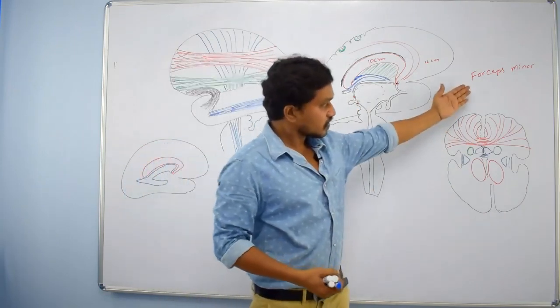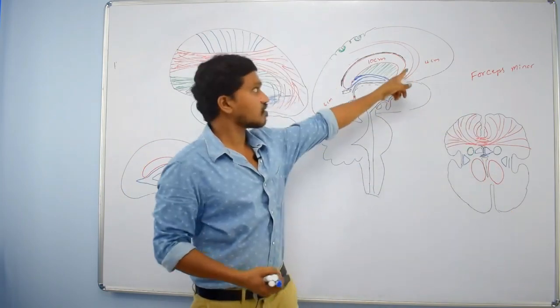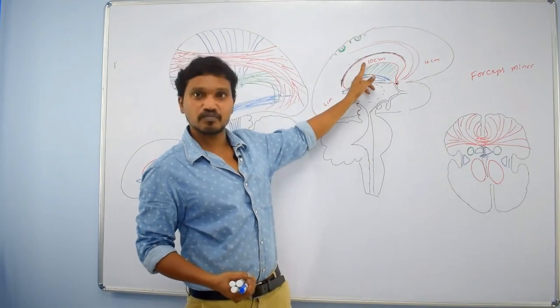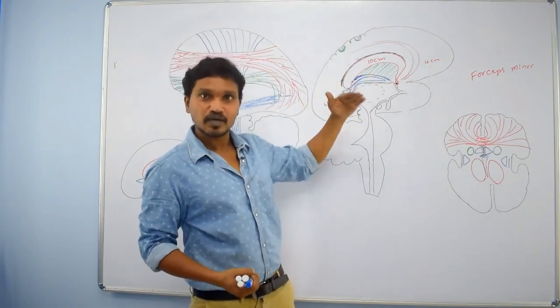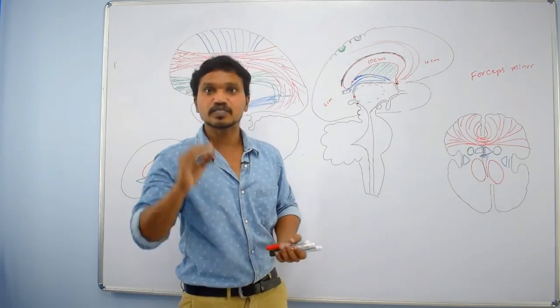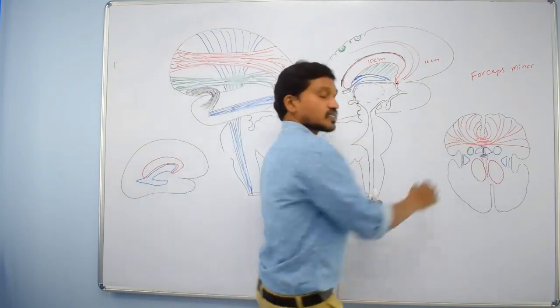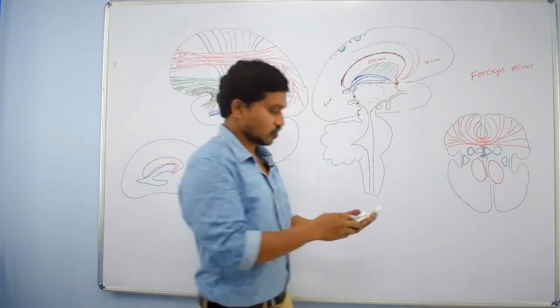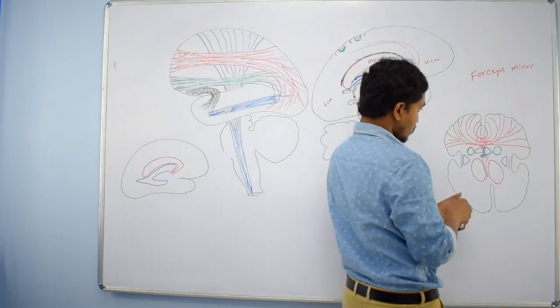Now, actually when you take the section at the level of genu and splenium, you cannot see the body. It is present above, but for our convenience I am drawing dotted lines. That means imagine in that region some fibers passing through the body.